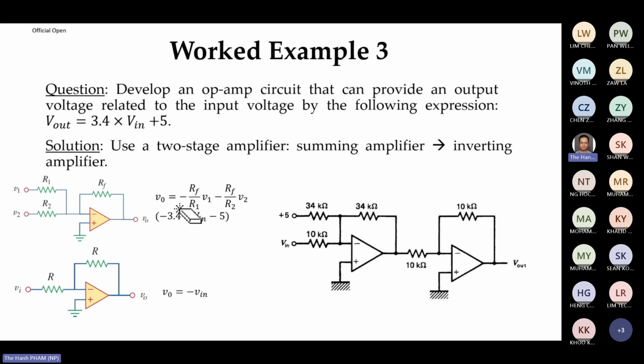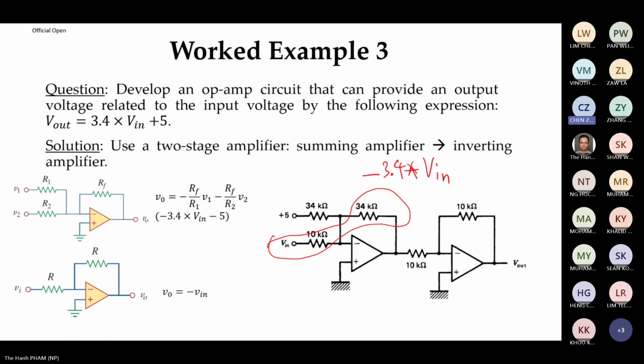In this case, for V1, I need to have a gain of 3.4. So for example, if I use 34K here and 10K here, the gain is 3.4 times Vin. So basically, this portion helps me do minus 3.4 times Vin. Agree?